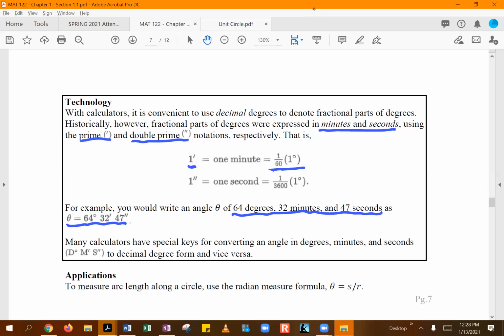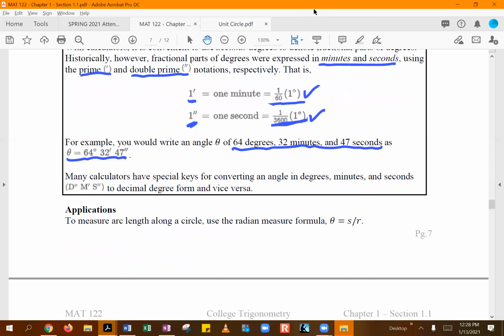So for the conversion with the seconds, we are using 1 degree multiplied by 1 over 3,600. That's where these conversions are coming from. So as long as you can remember the conversions from your regular hours to minutes to seconds, then you can remember those for these degrees, minutes, and seconds calculations also.